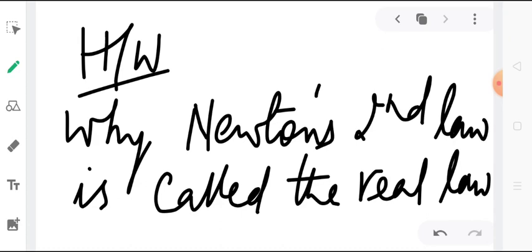Why is Newton's second law called the real law of motion? What is the reason behind it? We will try to find out an answer to this question, and we will discuss this in our next class.